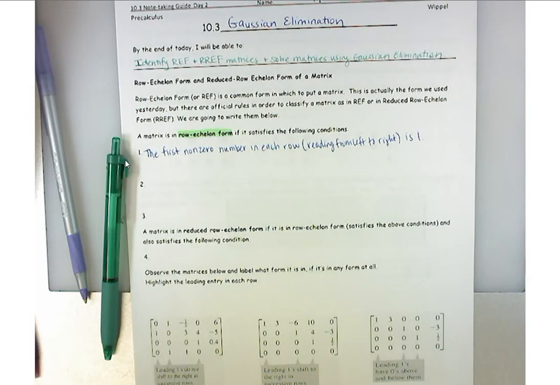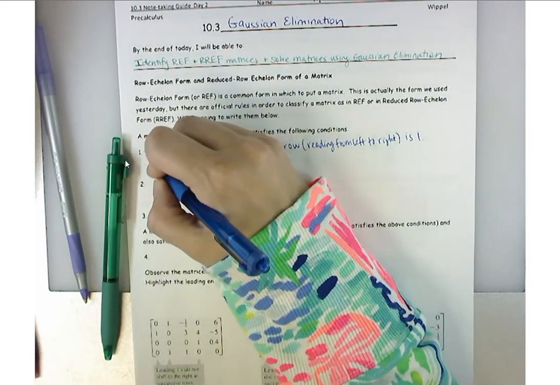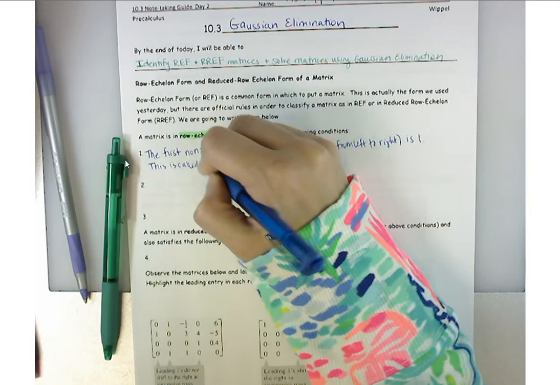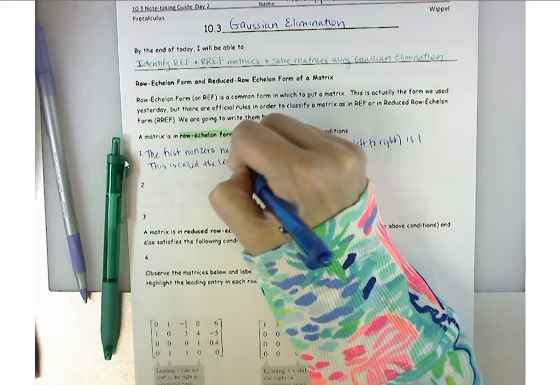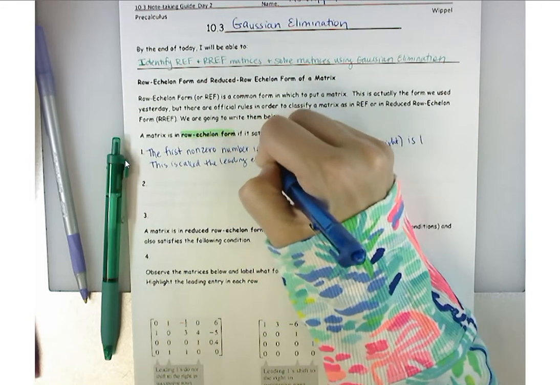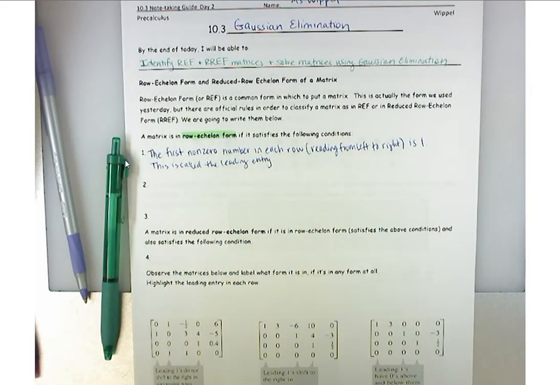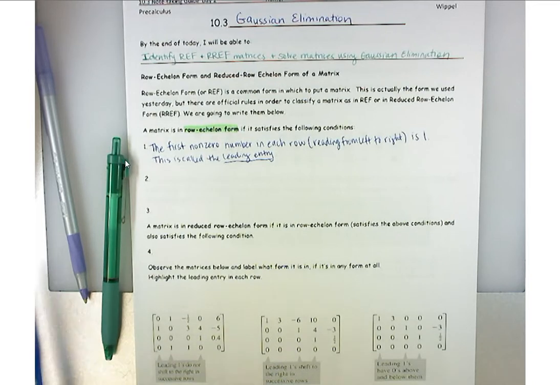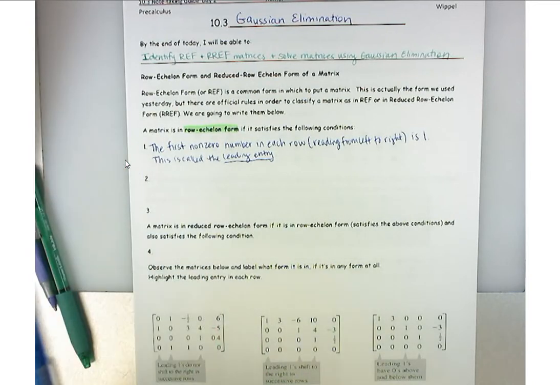Okay, so the first non-zero number in each row is going to be 1, and then that has a special name. This is called the leading entry. Okay, which is something that we're going to talk about several times today.